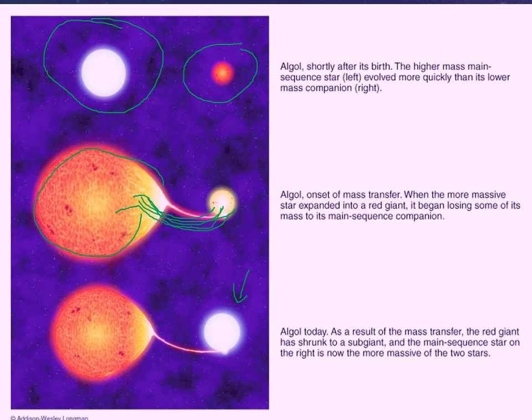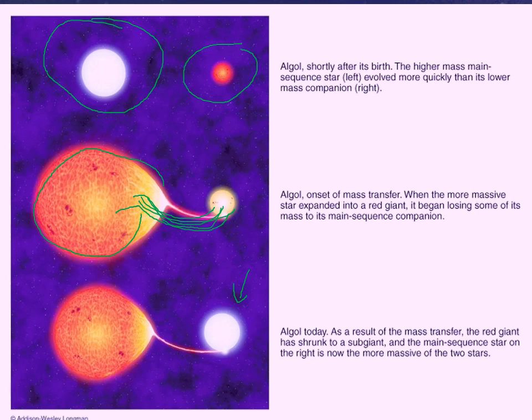What that does is it goes from being maybe a G-type spectral type or whatever to being an F, an A, up to a B. Whereas the original star, which might have been an A or a B, left the main sequence and has lost so much of its mass, the outer layers all bled off into the other star, that it now has less mass.